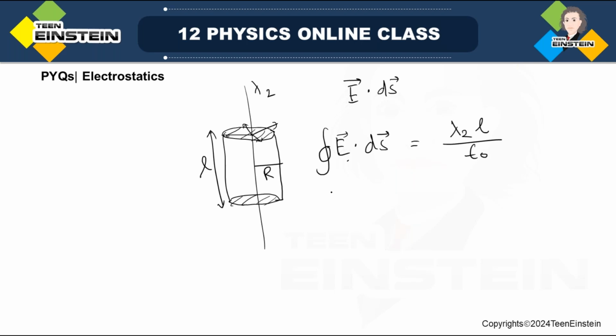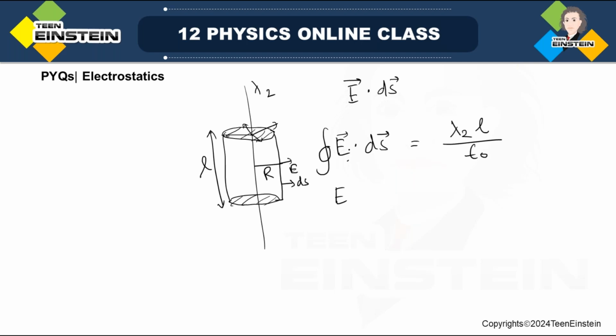Now E will be constant throughout the surface, so let me keep that out of the integration. And one more point is that for this curved surface, the electric field as well as ds have the same direction.